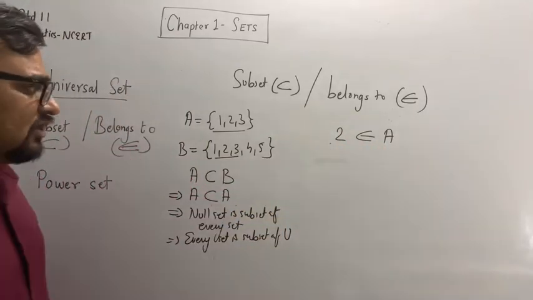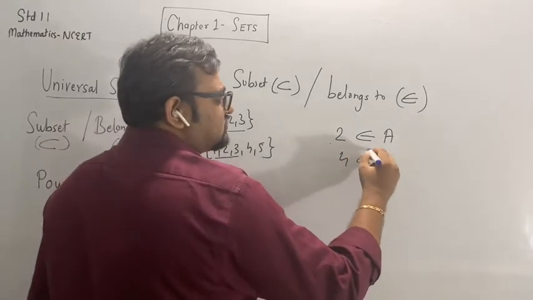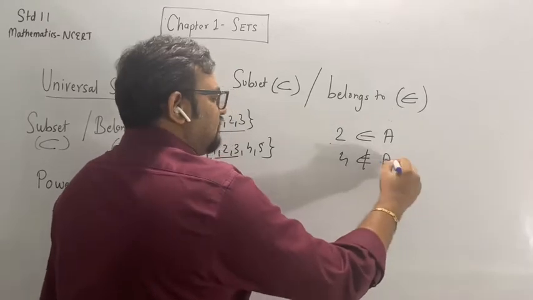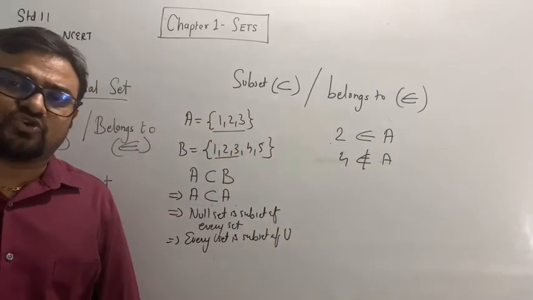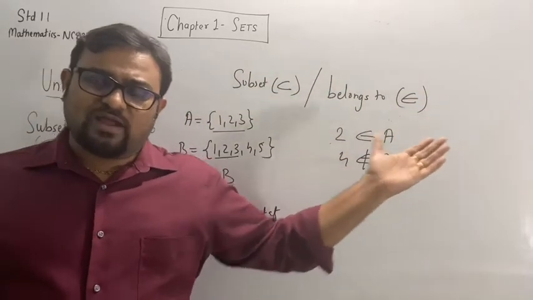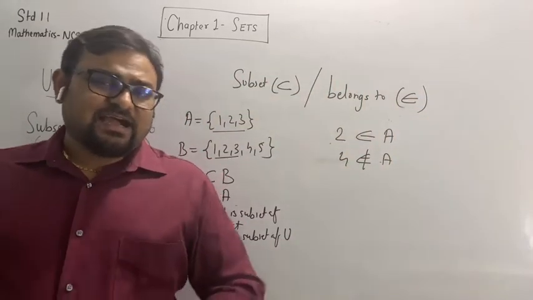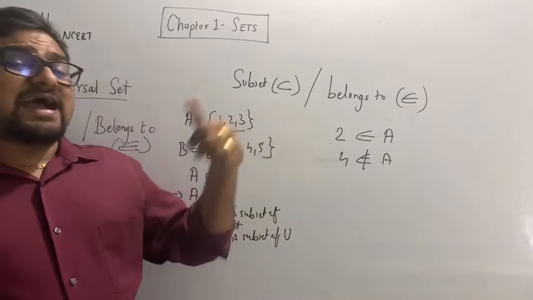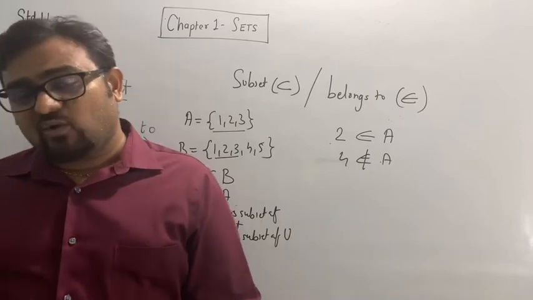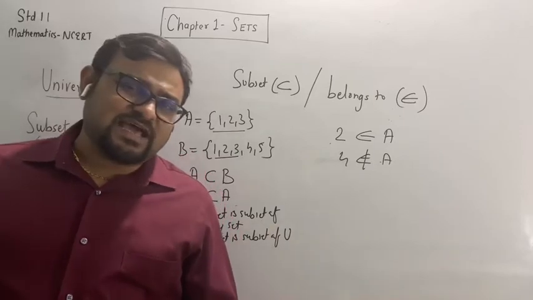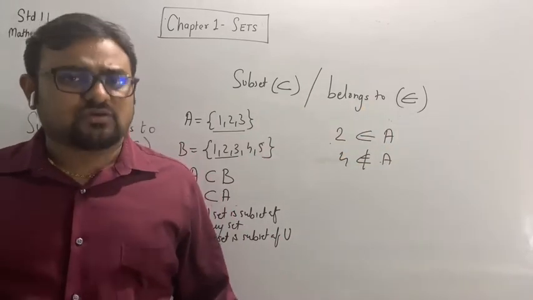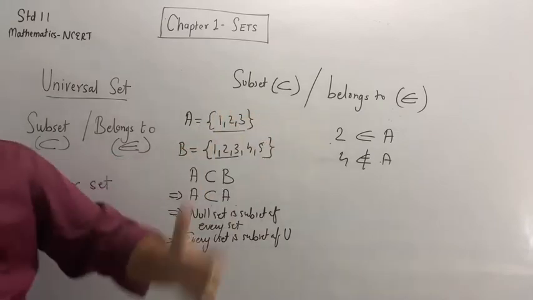Okay, if it is not belonging, like 4 does not belong to B. Sorry, A. 4 belongs to B, but 4 does not belong to A. So don't get confused between subset and belongs to. When on the one side there is a set, other side also a set, then the symbol will be either subset or not a subset. But when we are taking an element on one side and a set on the other side, it will be belongs to. Okay, or not belongs to. Clear? So this was about subset and belongs to.